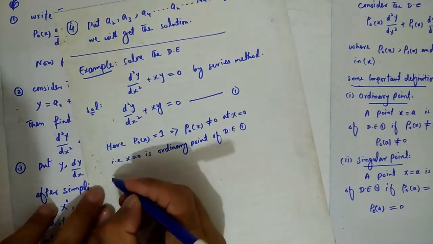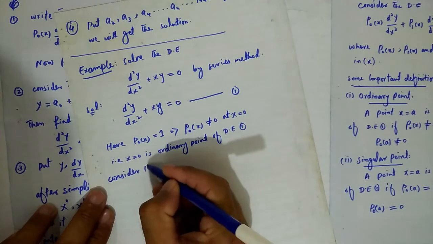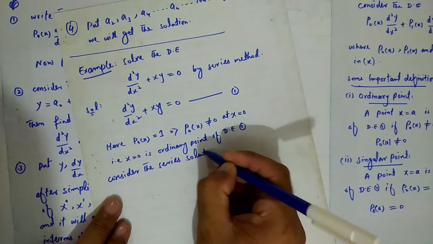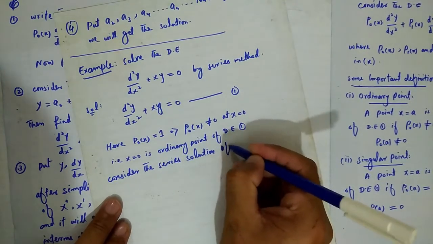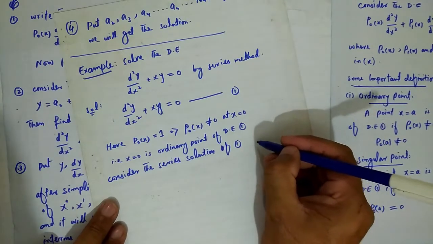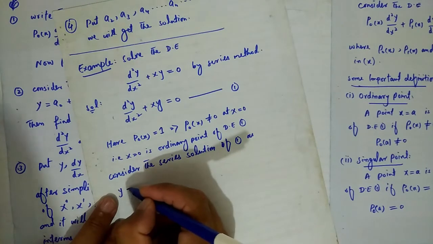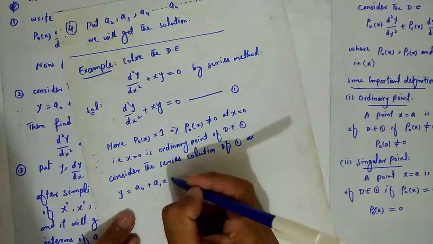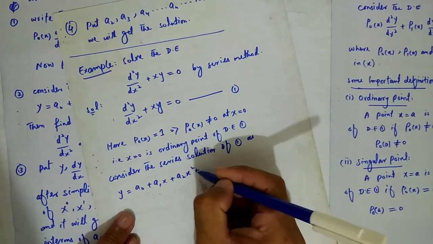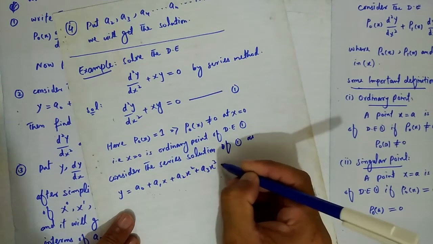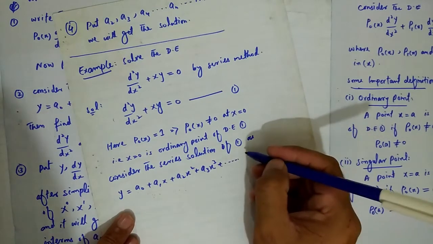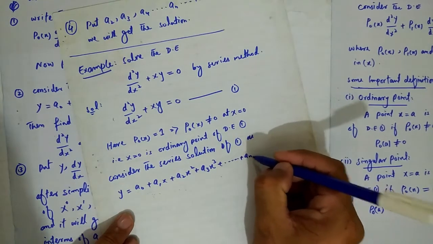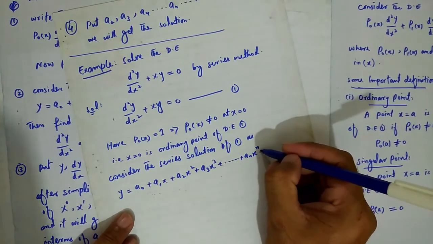Now consider the series solution of equation 1: y equals a naught plus a1x plus a2x square plus a3x cube and so on up to an x to the power n and so on.